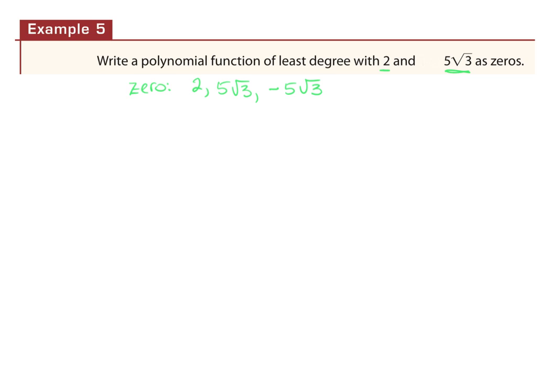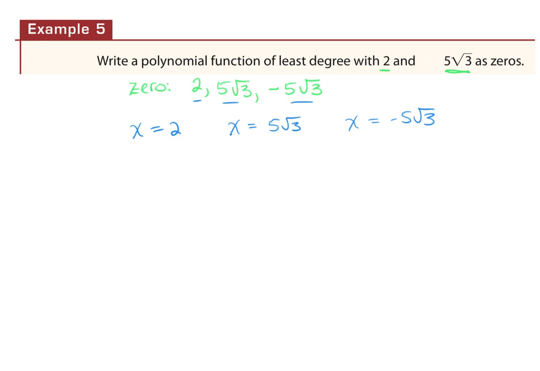I'm going to have an x cubed when I'm completely done with it. How do I find it? Well, I have to figure out what my zeros are. If my zeros are these, I can just set x equal to those and then get it to 0 for my binomial. So x is going to equal 2, x is going to equal 5 square root of 3, and x is going to equal -5 square root of 3 when the polynomial equals 0. How do I get that into parentheses?